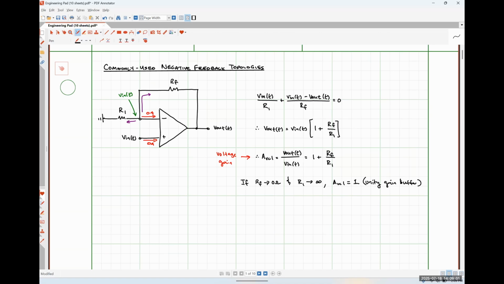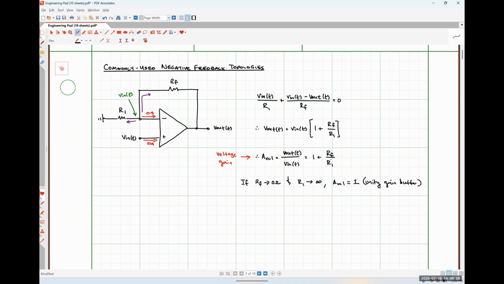Okay. So the lowest possible gain that this system can generate is a gain of 1, but it can generate gains that are much larger than 1 by simply making the ratio of RF over R1 something large. So if we wanted to increase the voltage gain of this system, we could do so by either increasing the value of RF or decreasing the value of R1.